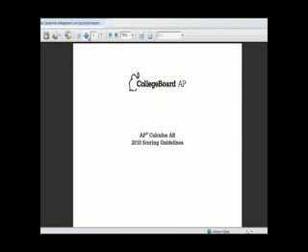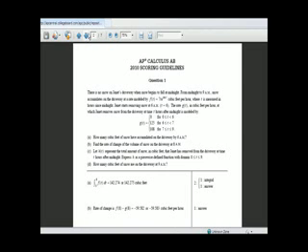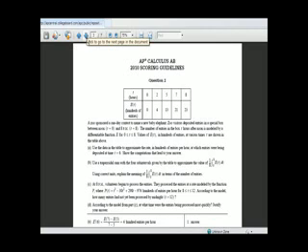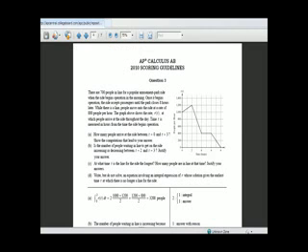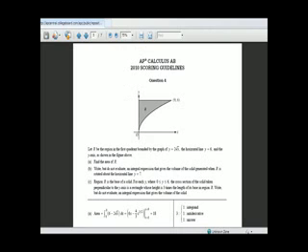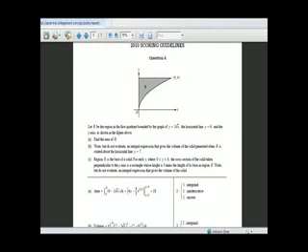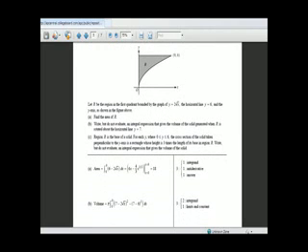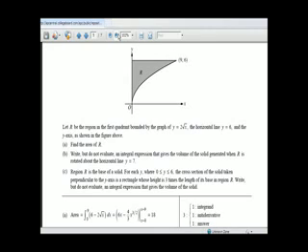Let's look for problem 3. Problem 1, problem 2, problem 3, problem 4. Hey, that 18 looks familiar. We got that.